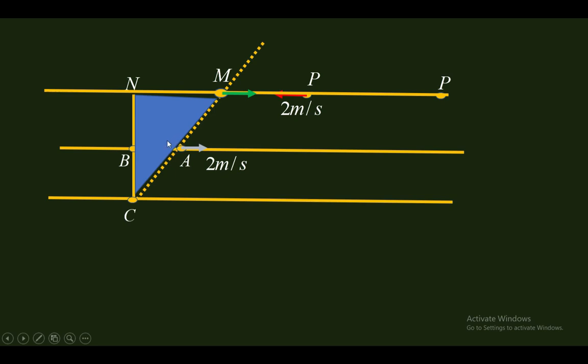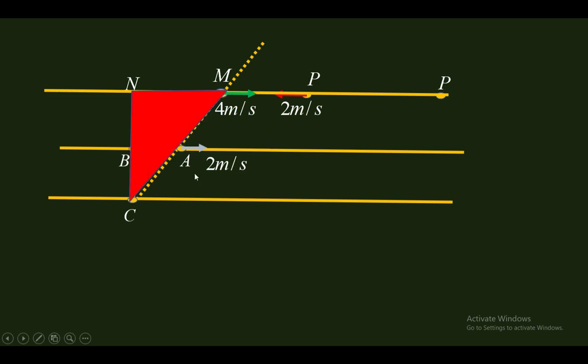This is a blue triangle, this is a yellow triangle, and the yellow triangle is half the size of the blue triangle. So therefore side BA is half the side of NM always. So if A moves with speed 2 meters per second, M moves with speed 4 meters per second.